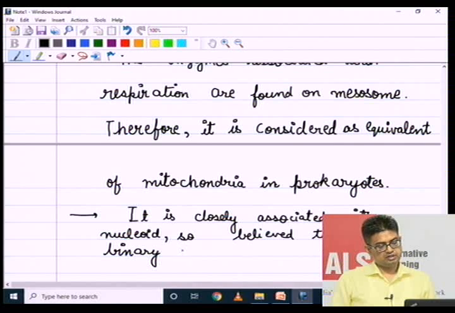It is believed to be helpful in binary fission.